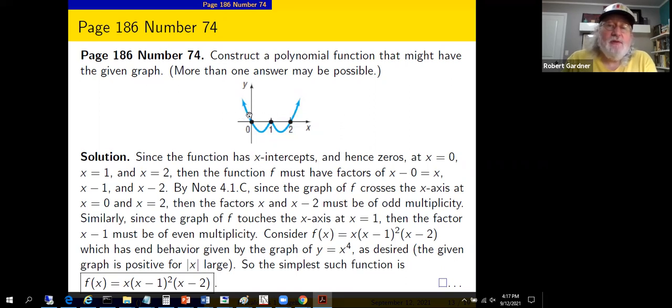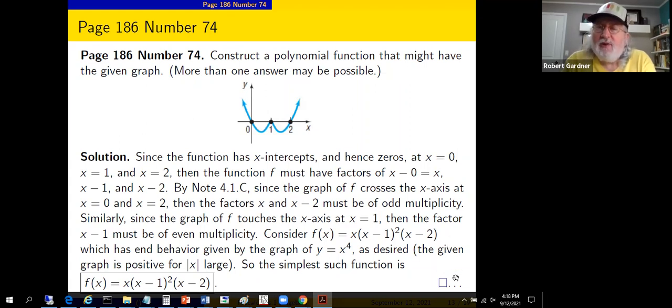If we took this given graph and reflected it about the x-axis, it'd still have the same crossing and touching behavior at the x-axis, but it would then be negative, right? These values would be below the x-axis. These values over here would yield below the x-axis if we took a mirror image, a reflection about the x-axis, and that would change some of the other behavior. So that's why we had to explore the end behavior. But we found a function that matches that graph.